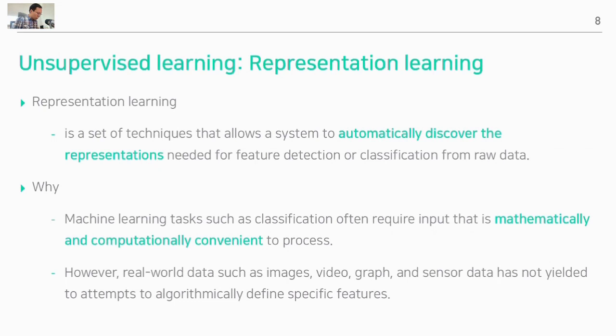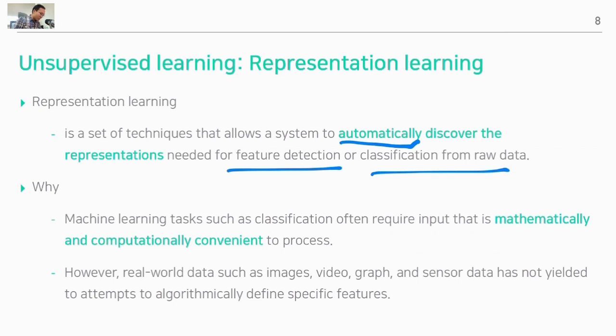So what about representation learning? Representation learning is a set of techniques that allows a system to automatically discover the representation, particularly for feature detection and classification.